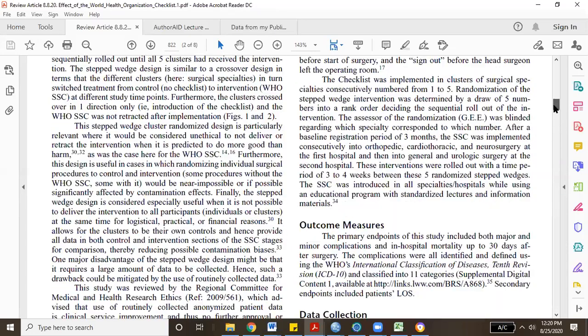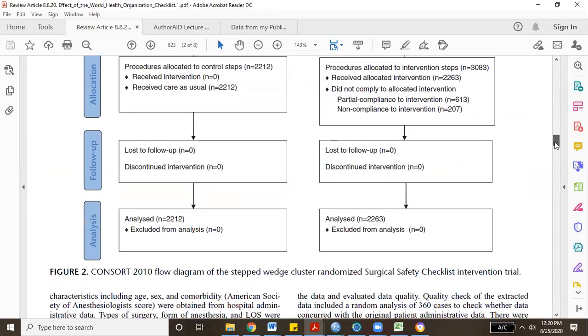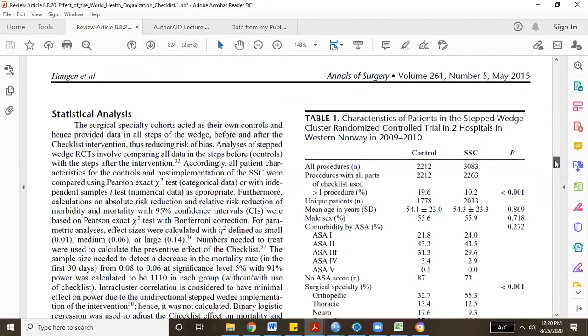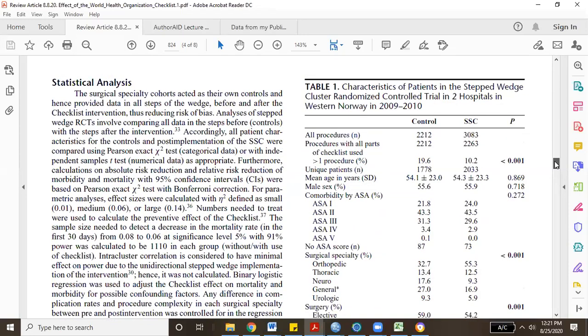Now we go to the statistics itself. For table 1, what we saw here is the general characteristics of the patients, both for the control group and for the group that was exposed to the surgical safety checklist.